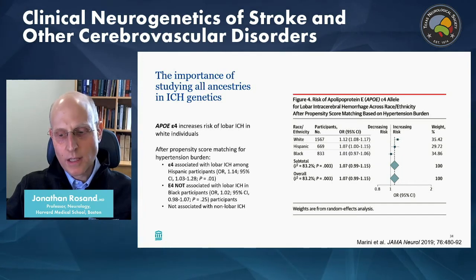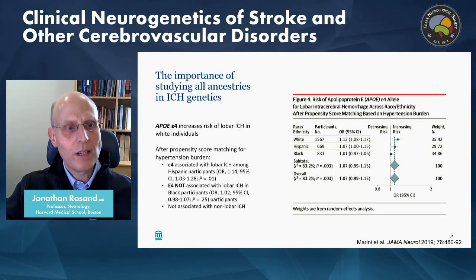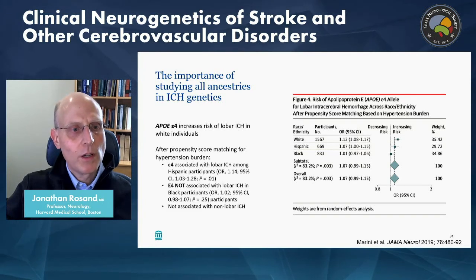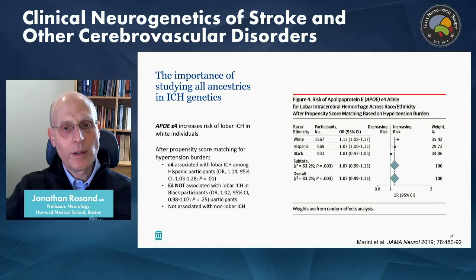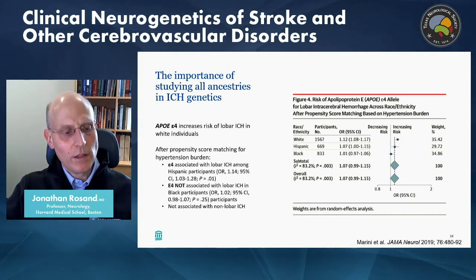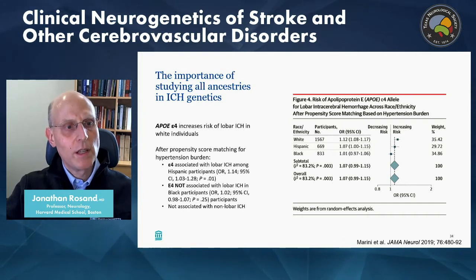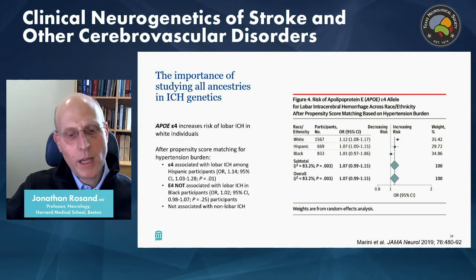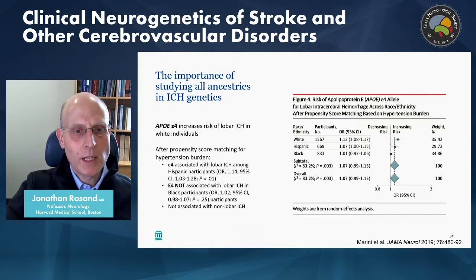This was not a study that controlled for ancestry. It controlled for ethnicity. In other words, individuals were called Black or Hispanic based on their own self-report. But what you clearly see is that here is a gene locus that is very well established as a risk factor for lobar ICH, but clearly has a different role depending on self-reported race and ethnicity.